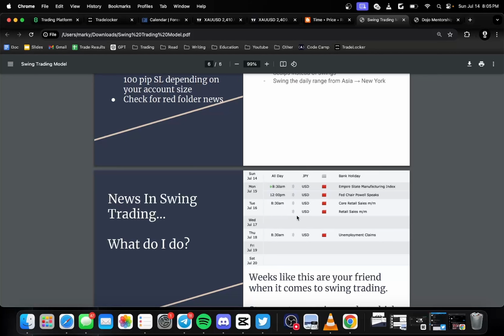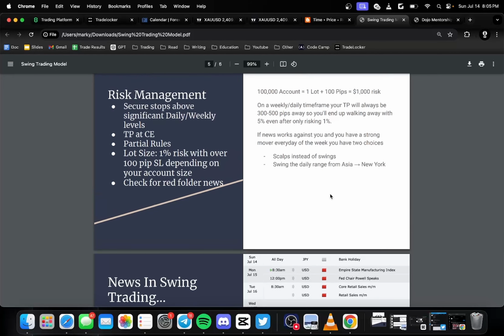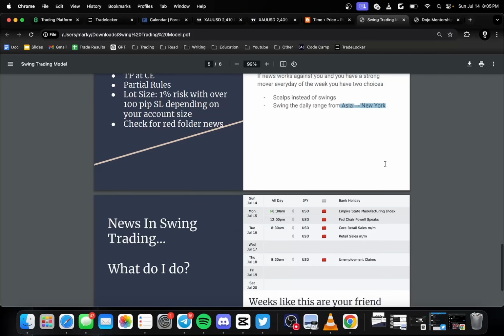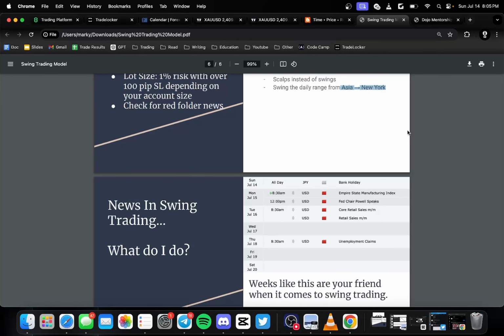If Wednesday had some fat news, then you either don't trade, you start scalping after the news, or you swing trade from Asia to New York, because basically Asia is the start of that daily range, and you have about 6 to 8 hours of swing trading. You can trade from Asia to New York, and then you could close your trade before New York session starts and avoid the news.